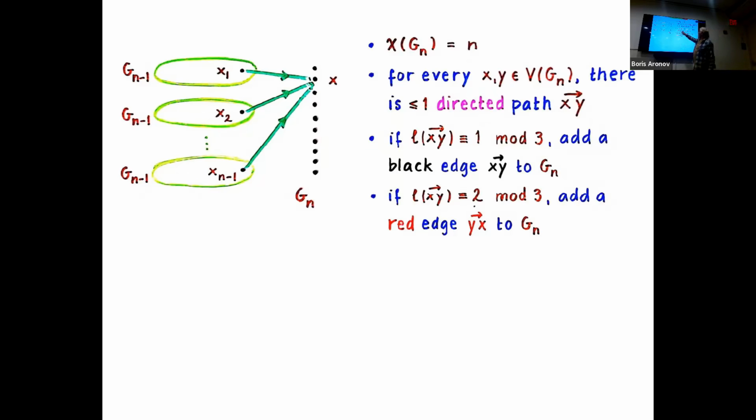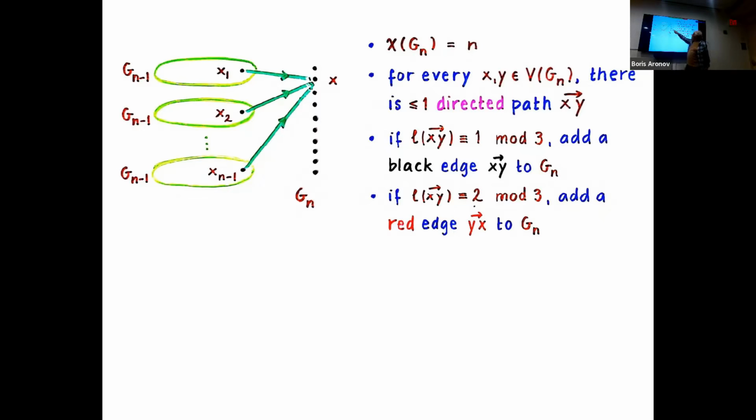So they do the following: we look at this graph and we add some edges to that. If we find two vertices, as I said, there is a unique path between them if they are connected by a directed path. If the length of that unique path is congruent to 1 modulo 3, looks arbitrary, this congruence and things like that, then we add a black edge between them in this direction.